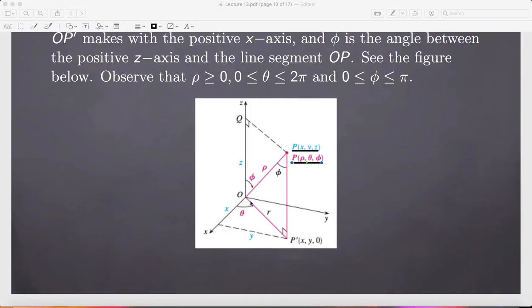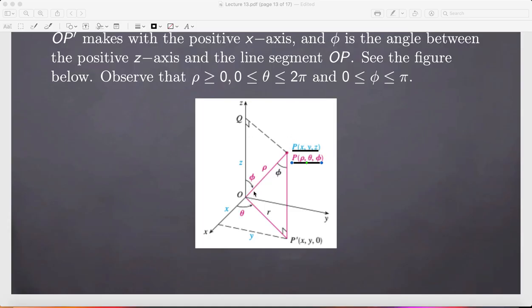So this r is in terms of only x and y here. And then rho, because this is the distance, is precisely the square root of x square plus y square plus z square, isn't it? And one more thing, this will completely determine the point. This is the angle that this line segment OP makes with the positive z axis.